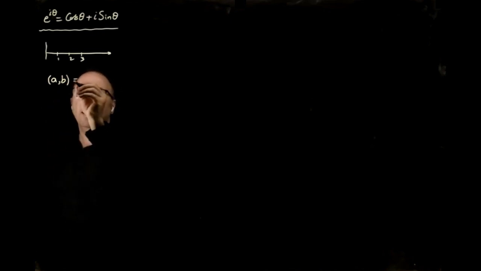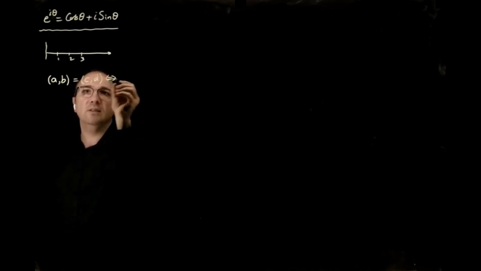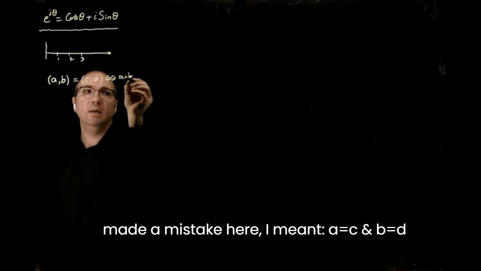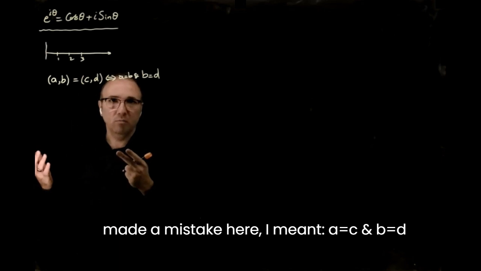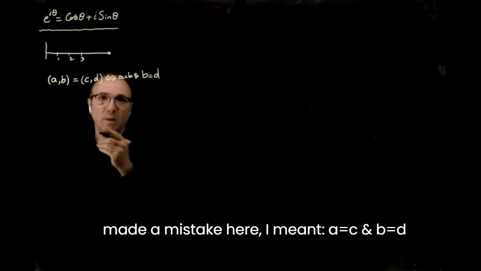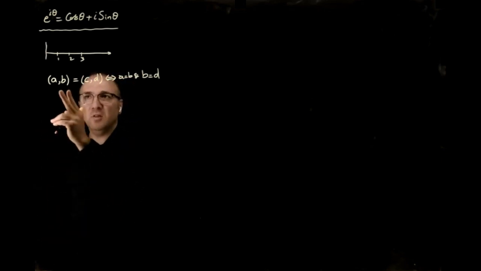Mathematically, it means that if (A, B) equals (C, D), then A equals C and B equals D. In other words, if I have (A, B) equals (B, A), it means that A and B are equal. So I can't change the order. So this is an ordered pair.